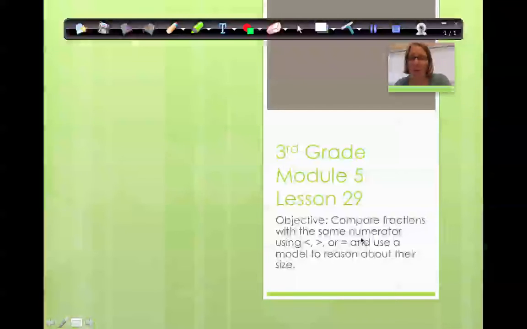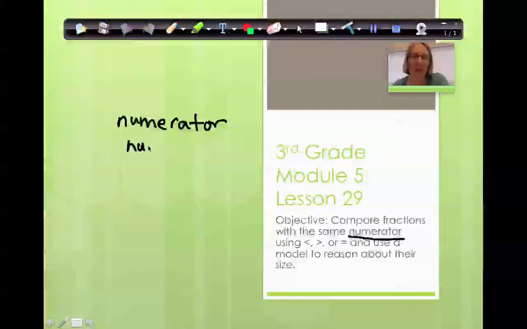Okay, now, what do you remember about numerator? That was a fancy word that we haven't used very much. What did numerator mean? Numerator sounds a lot like the word number. And we use that to help us remember that the numerator is the number of pieces that we have, right?